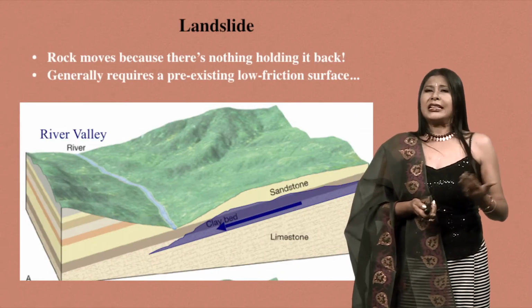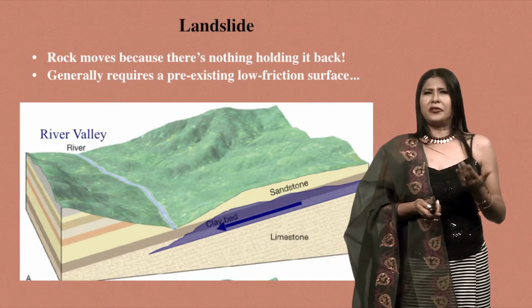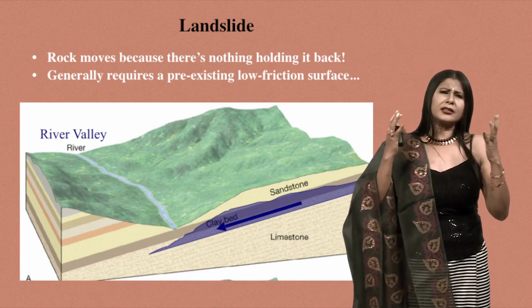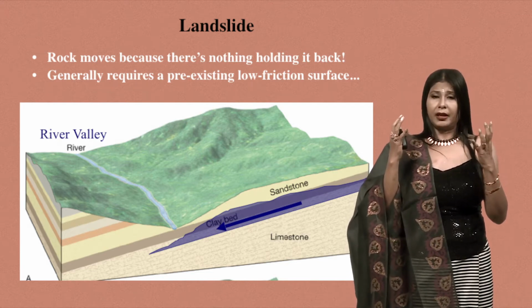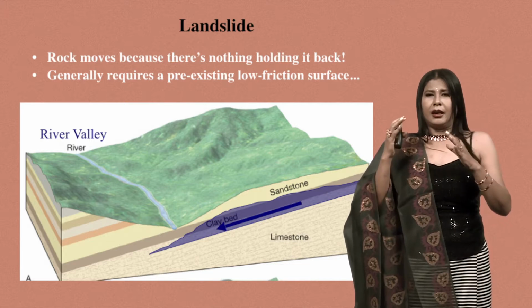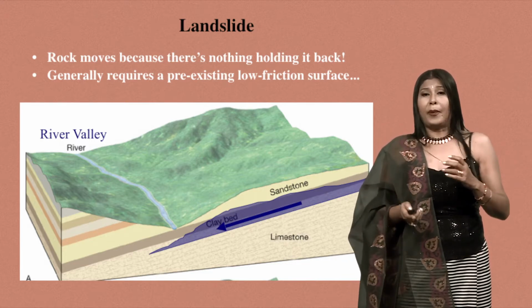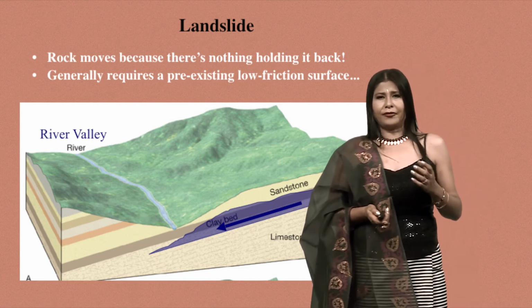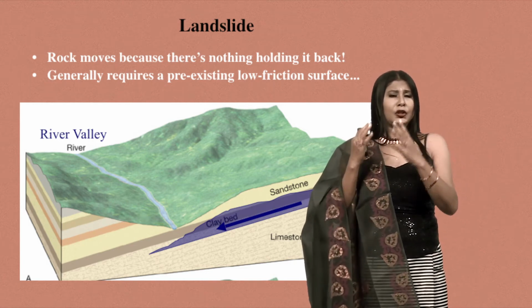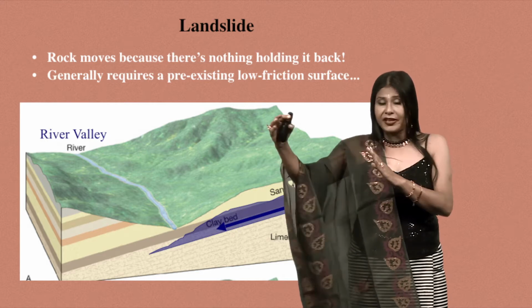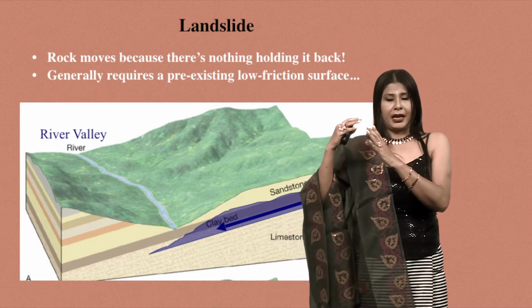Rock moves because there is nothing holding it back; it generally requires a pre-existing low friction surface. So, if we ask why a landslide is happening, that is because the rock and soil has become so loose that it cannot hold back. A lot of it depends on a layer of either an impervious rock or a clay.